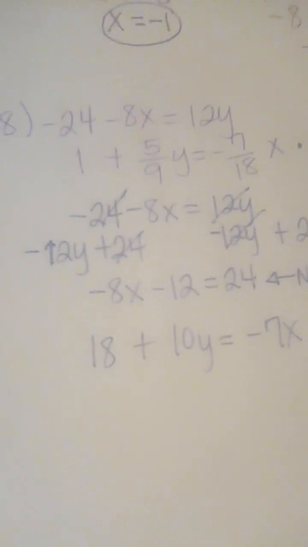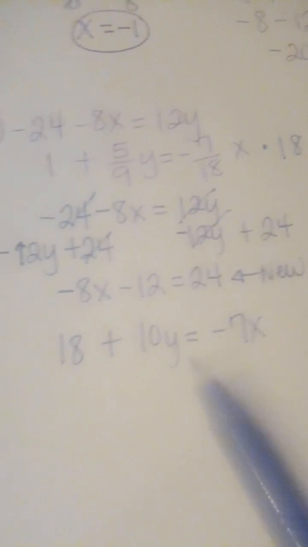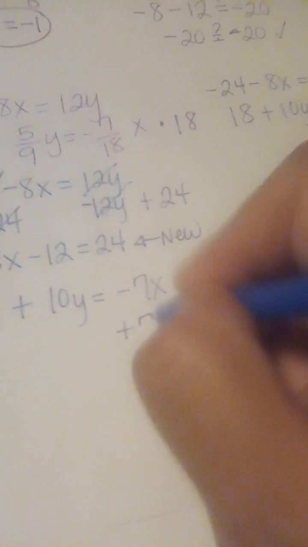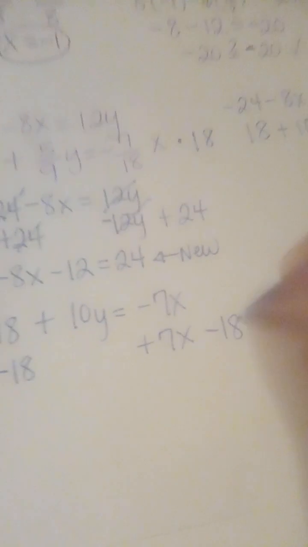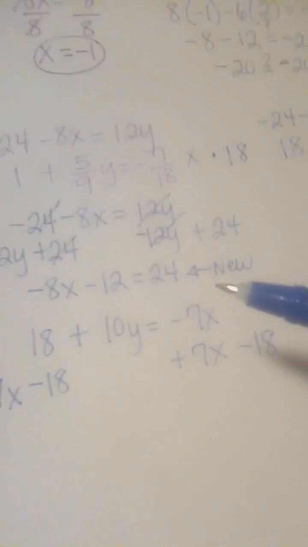All right. Then I'm going to move to the second part. Since we had the y in, we had to do something with the x. So we had to add 7x to both sides. And then we subtract 18 from both sides. You want to make sure that it's in the form ax plus by equals c.